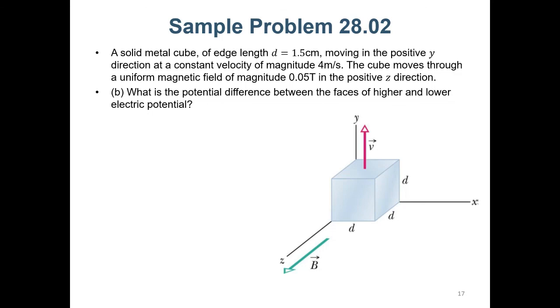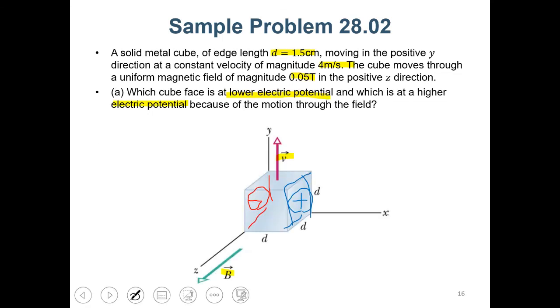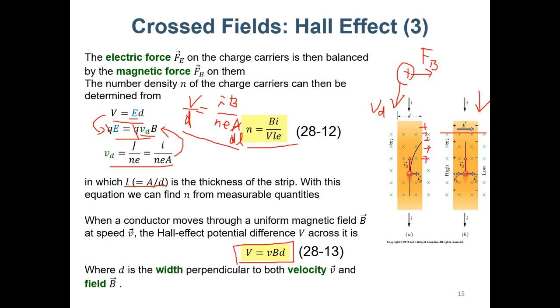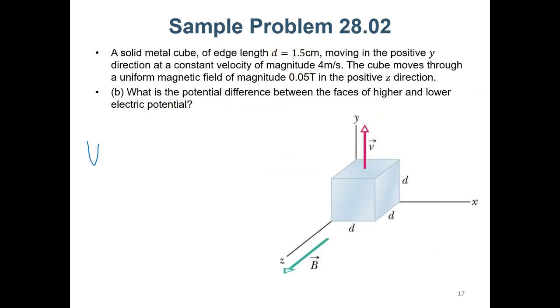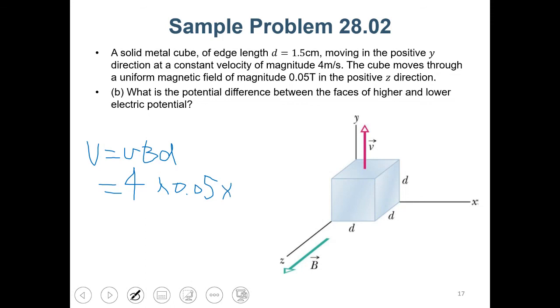It will be very easy. We just need to use equation 28.13, V equals vBD. V is 4 meters per second, B is 0.05, and D is 0.015. So V is 3 millivolts. This voltage is quite small, but actually it is measurable.